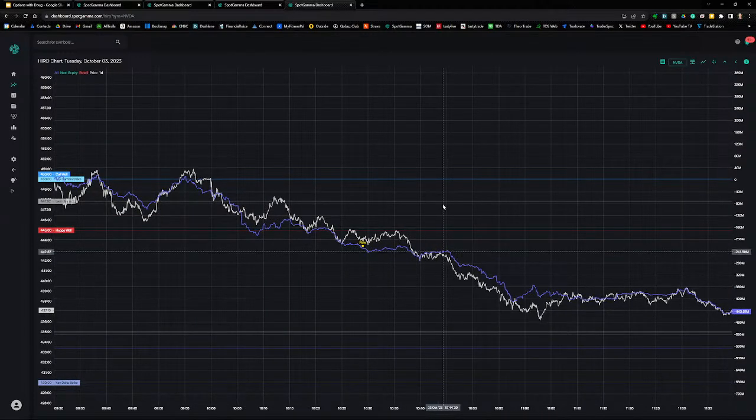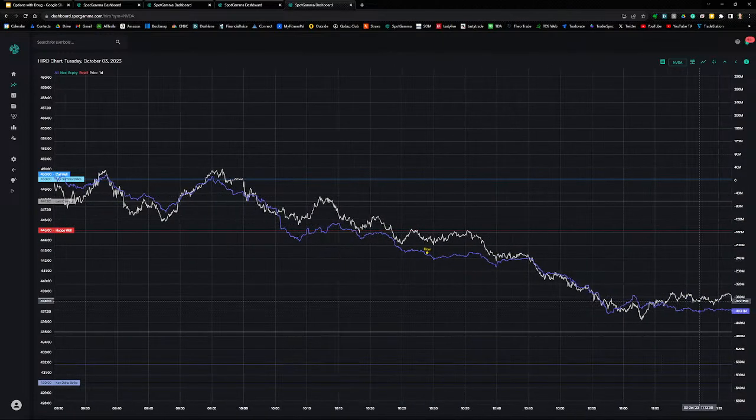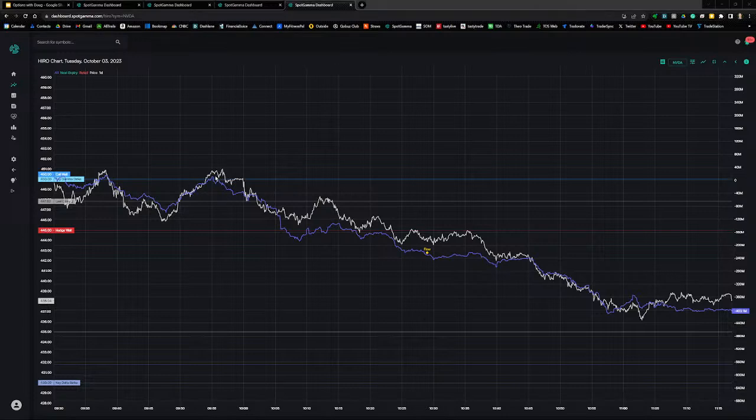So NVIDIA makes a double top there, and looking closely you can see that options traders start taking negative delta positions just maybe a minute or two at most before price follows. We'll see what traders are doing.